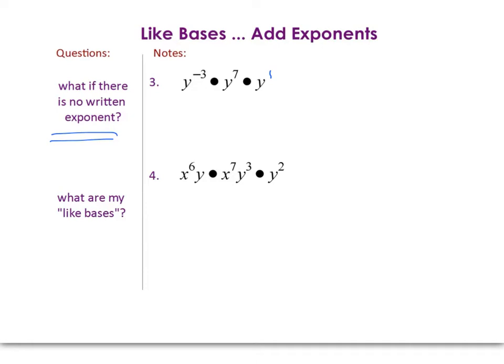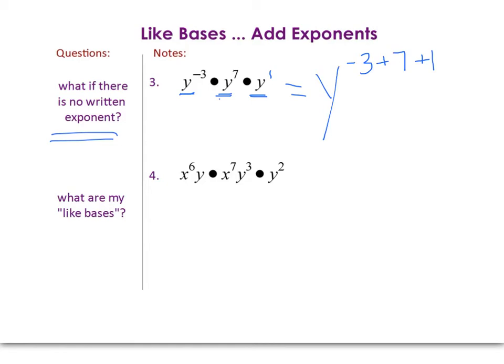Just having a y there means y to the 1. You just don't have to write that 1. So if you have y times y times y, you're multiplying the same base. You're going to add the exponents together. So you get y to the negative 3 plus 7 plus 1.